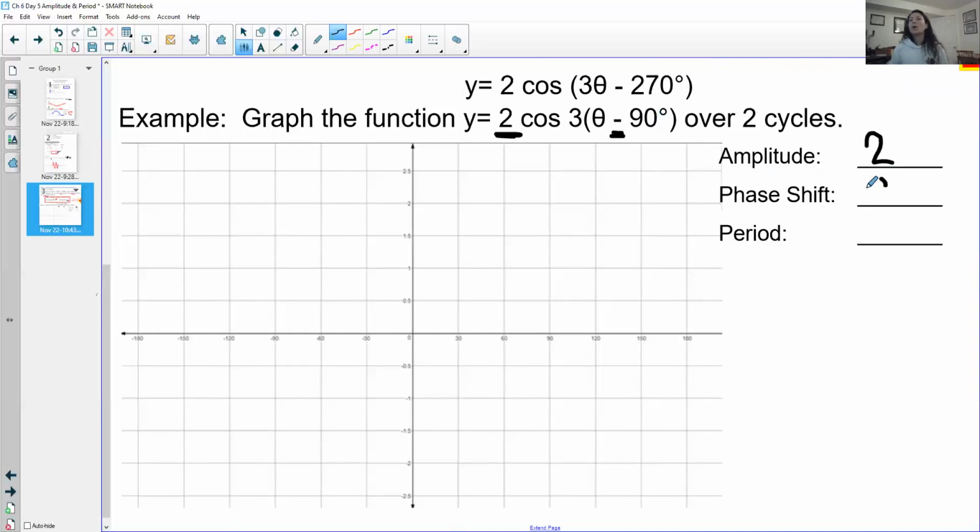So this is a positive phase shift of 90 degrees right. That's why I just put R. And the period, we are going to take 360 degrees and divide by 3 to give us a period of 120 degrees.